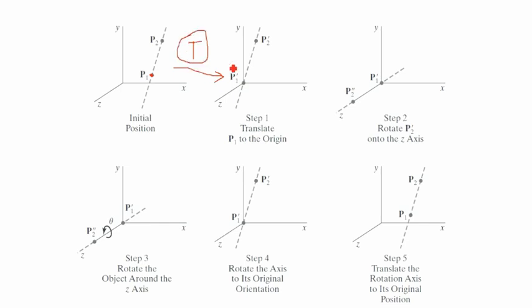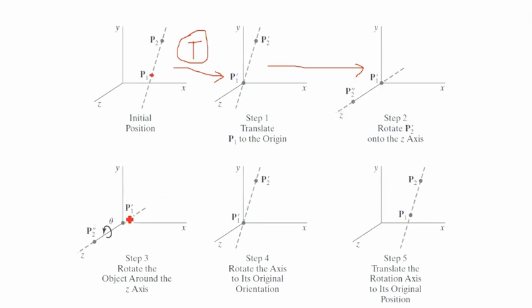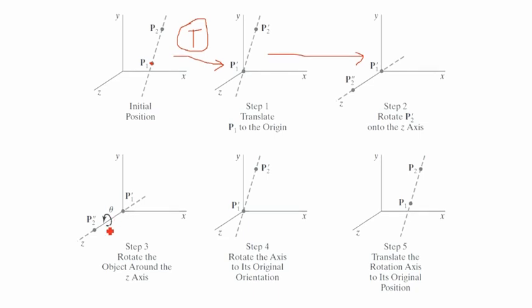Now once we translate it, the axis will come and sit like this, aligned onto the origin. Once that happens, we have to rotate this axis in such a way that it comes and aligns itself with one of the principal axes. In this case, it is aligned with z-axis. Now the next step is to apply Rz of theta.